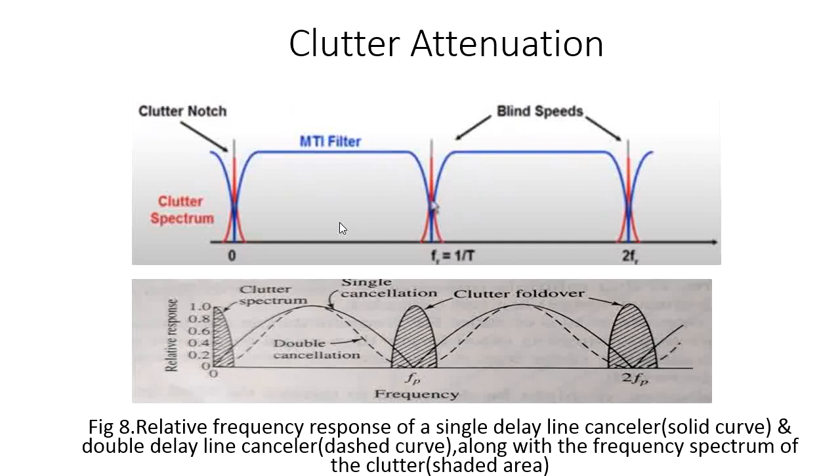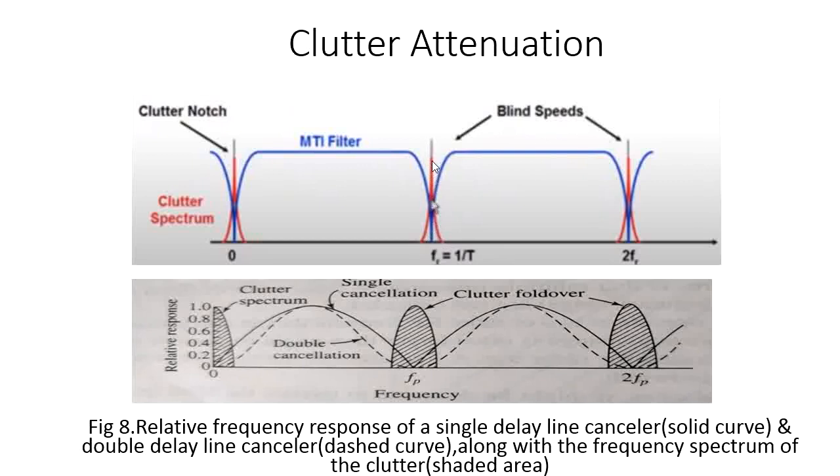As we see here, the first picture represents the ideal case for clutter attenuation, and the second picture represents clutter attenuation in practice. The blue waveform indicates the waveform of the blind spot. For different periods of the pulse repetition period, we call this a blind spot, and at the blind spot we find the delta function.